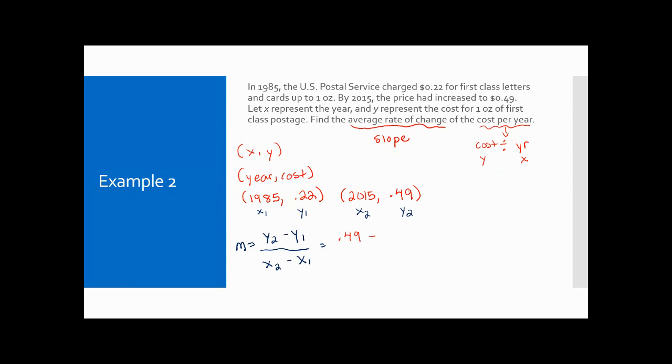And then y1 is 0.22, 22 cents. So we subtract our y values, and we always have to subtract everything in the same order. So if I take my second point minus the first point, then for the x's, I have to subtract in the same order. So that would be 2015 minus 1985.